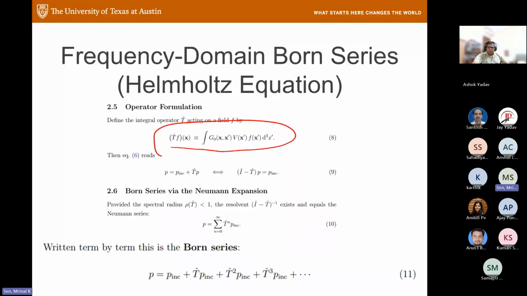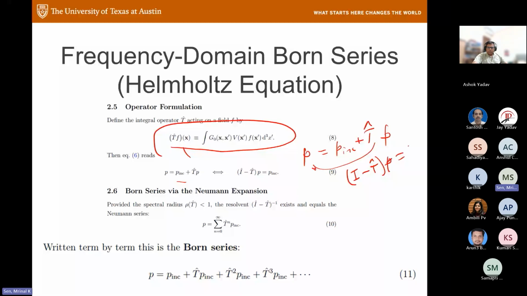So now I can take this. So P is equal to your P incident plus T hat P, right? So now I can take this to the right hand side. So then I have P, and these are all, you can write this in matrices, minus T hat P is equal to, or I minus T hat P is equal to P incident.